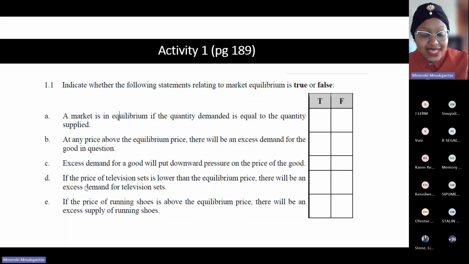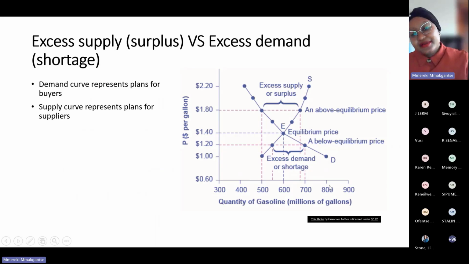This is excess demand of a good, so there's still no market equilibrium. In order to reach market equilibrium, the price will go up. So if there's excess demand, it will put upward pressure on the price.